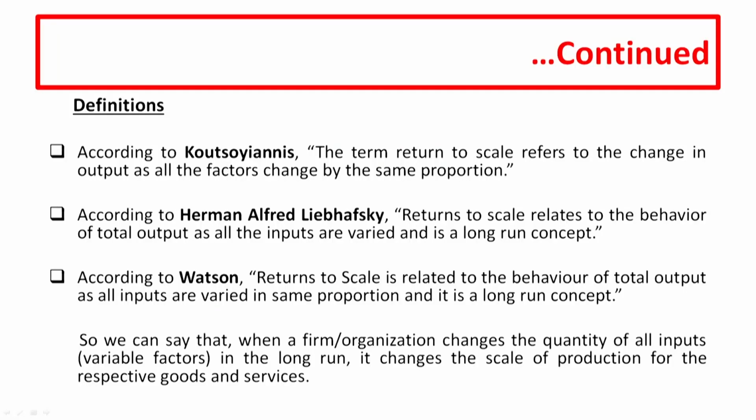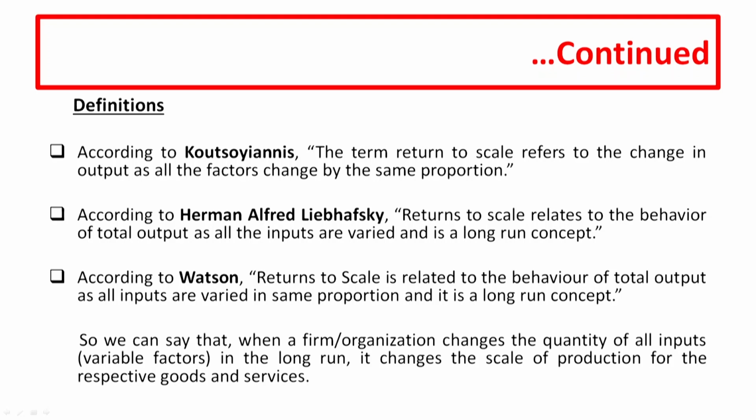Definition. There are 3 definitions. Every definition talks about the same thing, that in the long run there is only one kind of factor, that is the variable factor. Production will increase only by increasing the variable factors, because nothing can be kept constant, because there are no fixed factors at all in the long run.